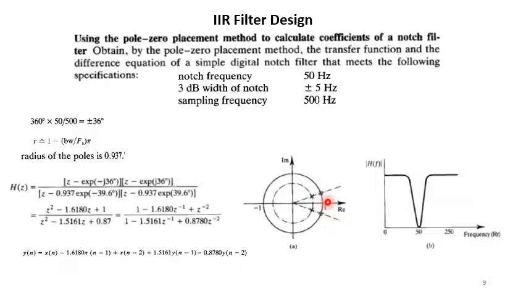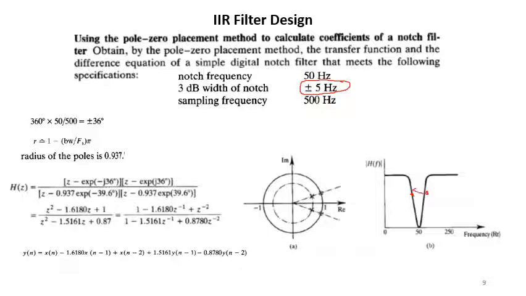Okay, so again finding the r. So r equals, this is from the previous example, r equals 1 minus bandwidth divided by fs times pi. So the bandwidth in this case is 10, because it's plus minus 5, right? So that's your one frequency and that's the other one.